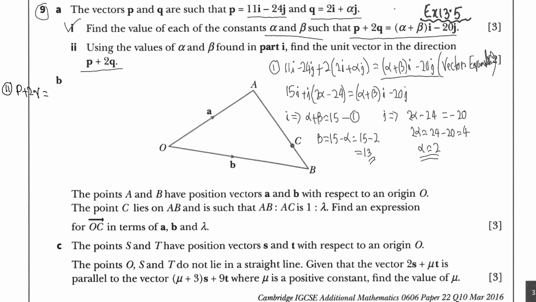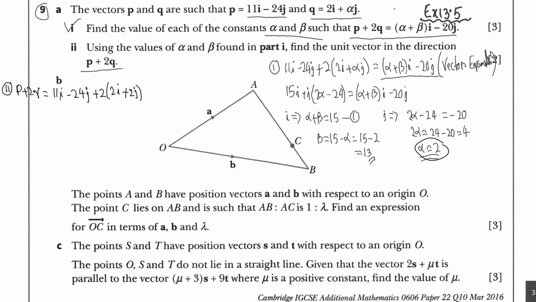P is 11i minus 24j plus 2q, and if we put in 2q, 2 into (2i plus alpha j), we can write 4i plus 4j.